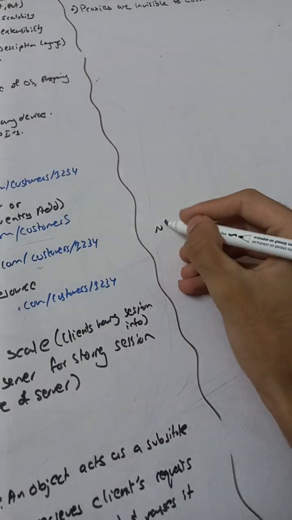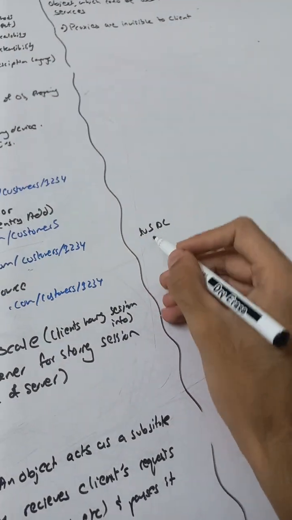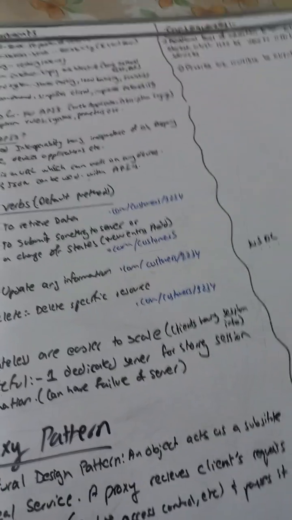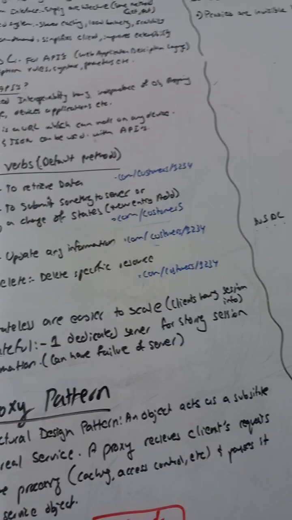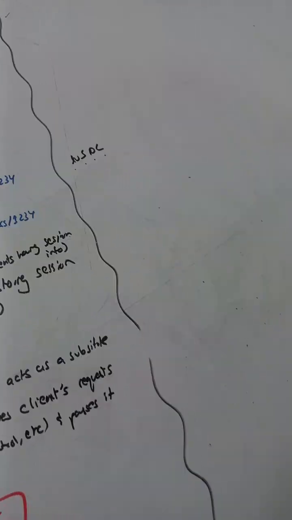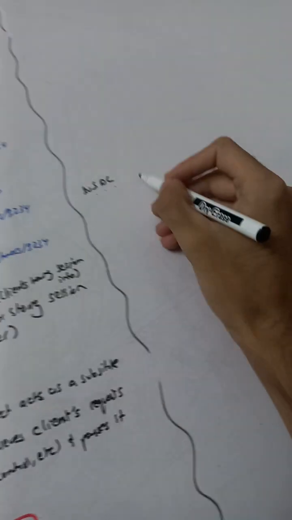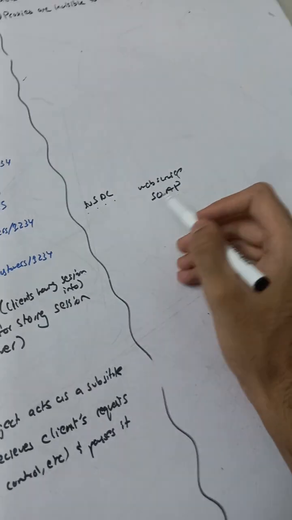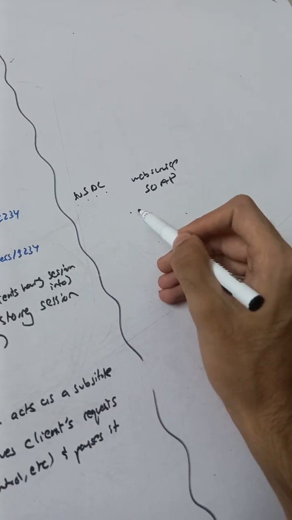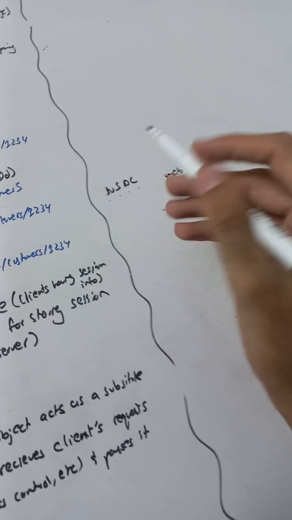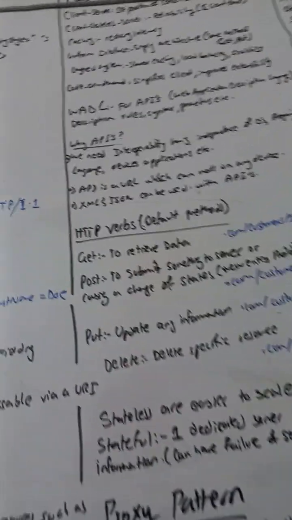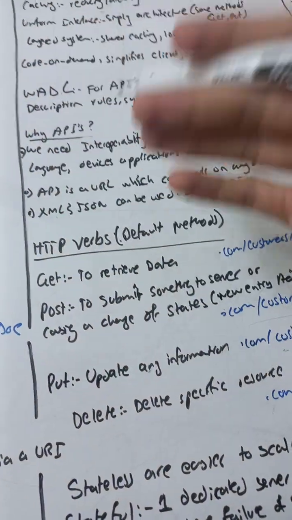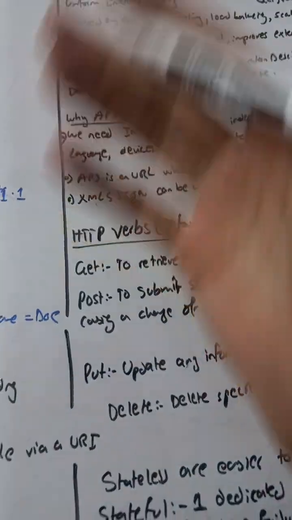So WSDL was for Web Services Descriptive Language, and that was basically the descriptive language for the syntax, for the rules, for the grammar, for the parameters. If there is a web service which is using SOAP, right, then there should be some grammar, some rules that it has to follow for it to be a web service. Similarly, over here we are saying that for a web API, we are using Web Application Descriptive Language, which is basically telling all of that.